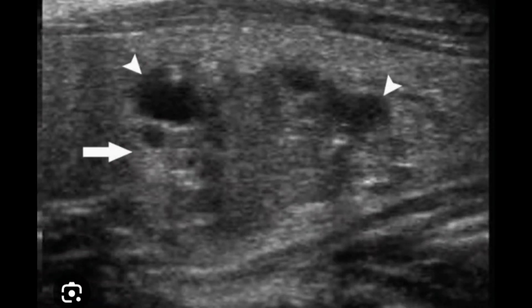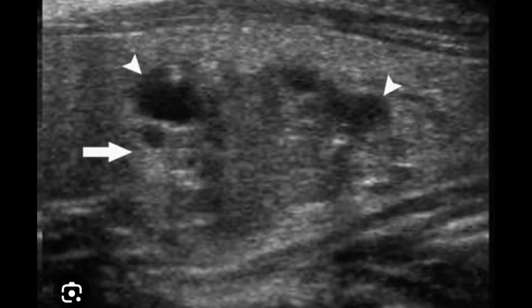Look at another example of lobulated margins, lobulated outline. These white arrows are indicating lobulations, and towards the left side small cystic areas are also visible. However, pay attention to the nodule, lobulated outline and border. The nodule happens to be hypoechoic.